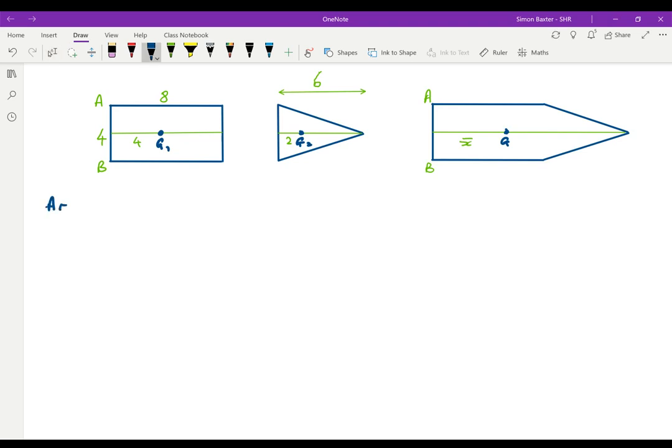The area of the rectangle is 4 times 8, which is 32. The triangle is a half base times height. That's a half times 4 times 6, that's 12. And the area of the whole figure must be 32 plus 12, which is 44.